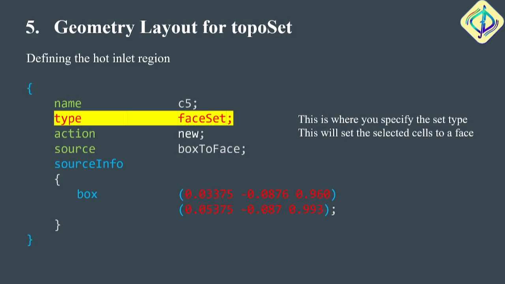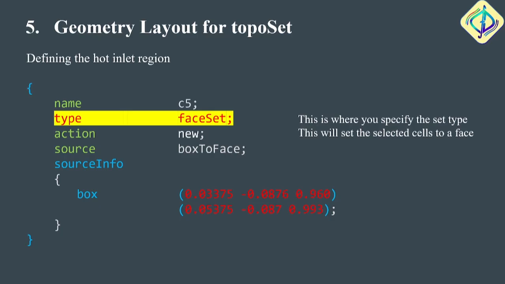This will only set your selected cells to a face. Again, I will explain how exactly it takes a face rather than the whole volume of your cells; there's reasoning behind that as well.